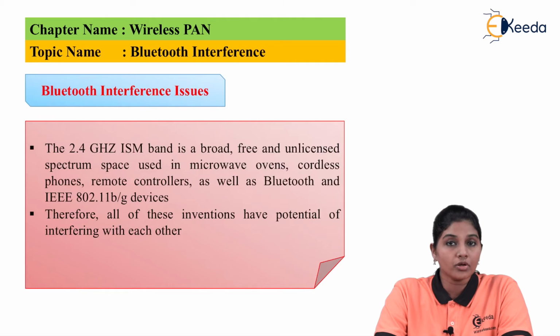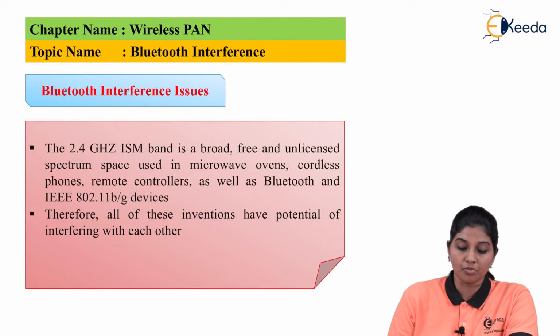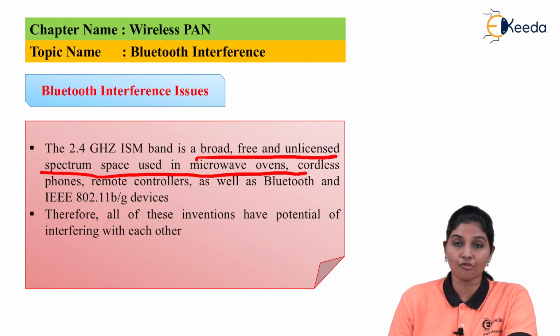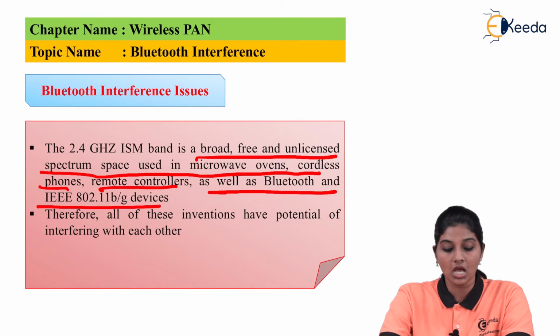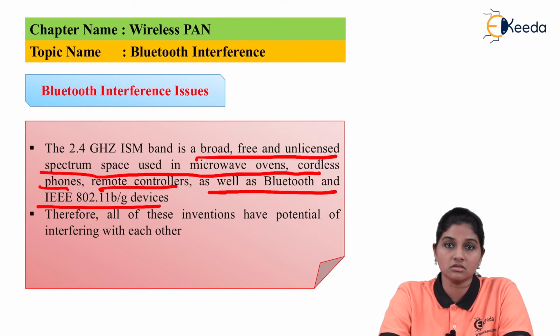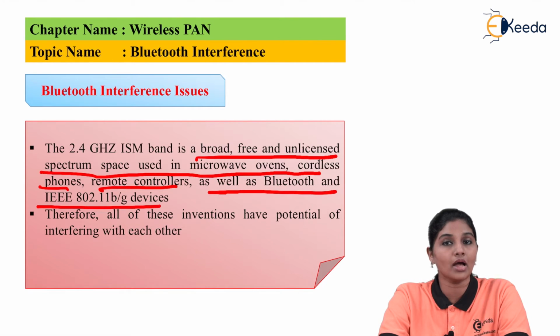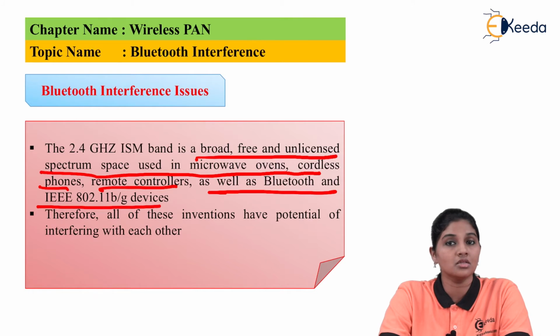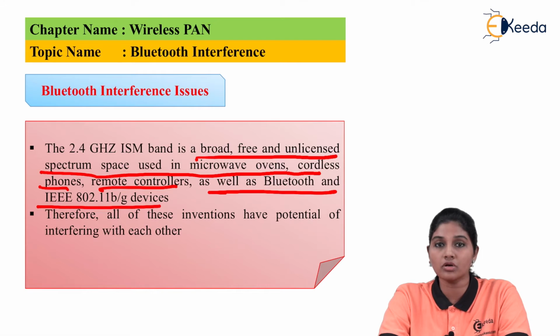The 2.4 GHz ISM band is a broad, free, unlicensed spectrum space used by microwave ovens, cordless phones, remote controls, as well as Bluetooth and IEEE 802.11b and g devices. As discussed earlier, Bluetooth operates on the band of 2.4 GHz. This band is free and unlicensed, and therefore many household and electronic equipments use the same band.